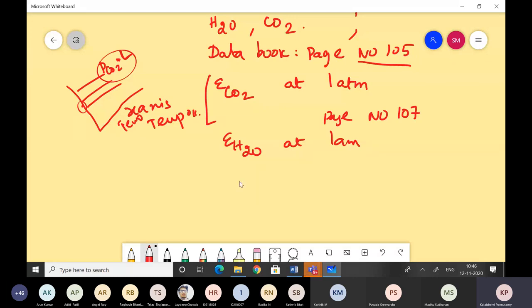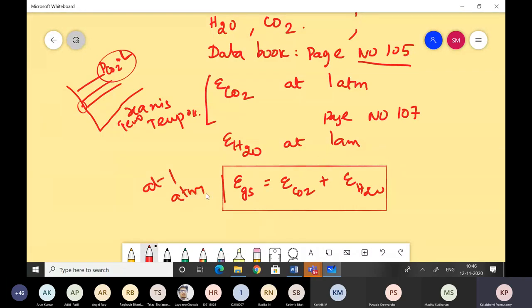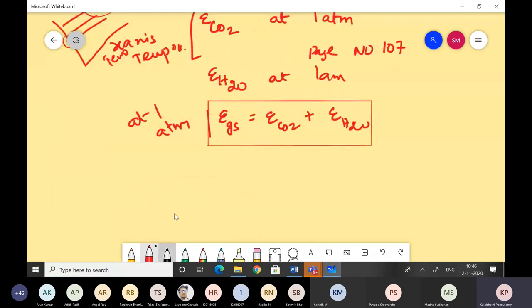So the emissivity of the gaseous mixture in this case is going to be the emissivity of CO2 plus the emissivity of H2O. This formula is applicable as long as your gaseous mixture exists at 1 atmosphere. What if it is not at 1 atmosphere, if the total pressure is other than 1 atmosphere?